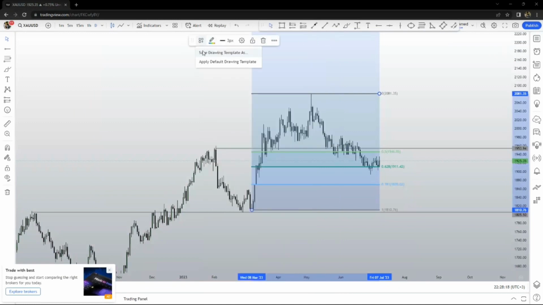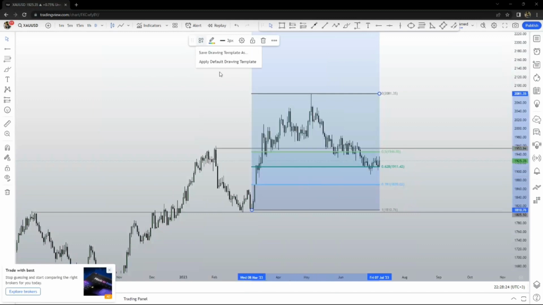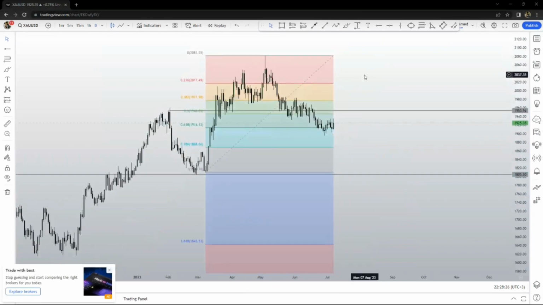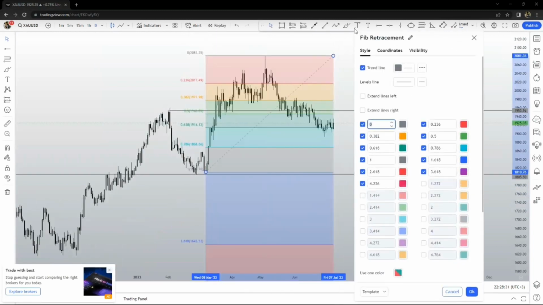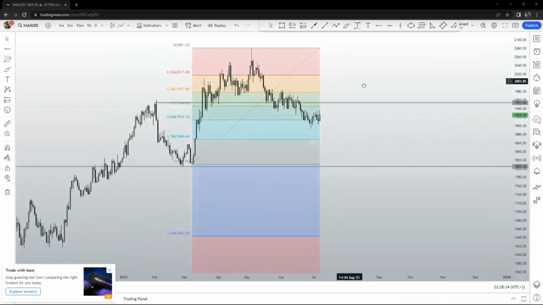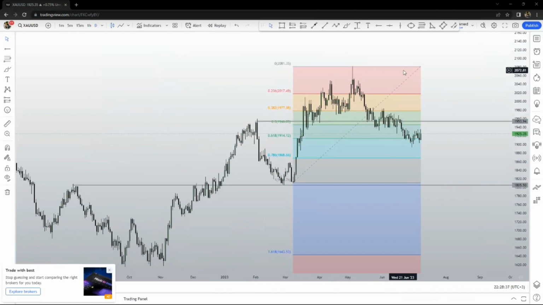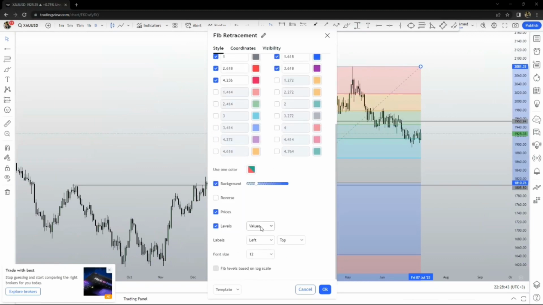Let me apply as default. Let me first set this Fibonacci, because we need to use Fibonacci. Fibonacci is one of the technical analysis tools you should use. Very nice. So let me set it right here.